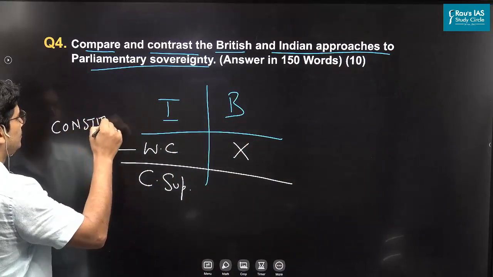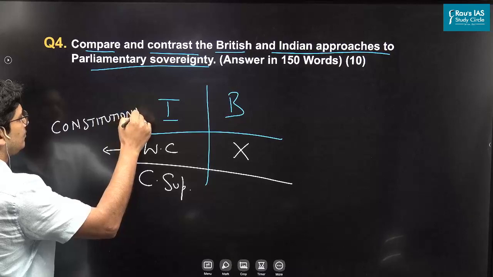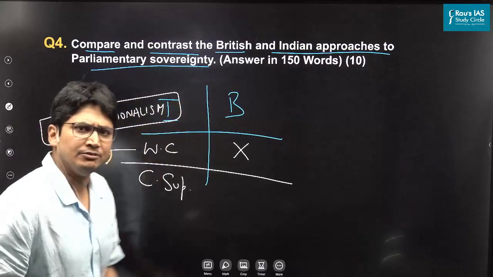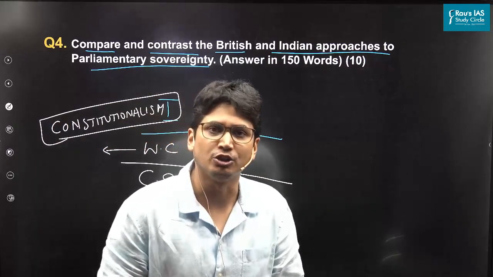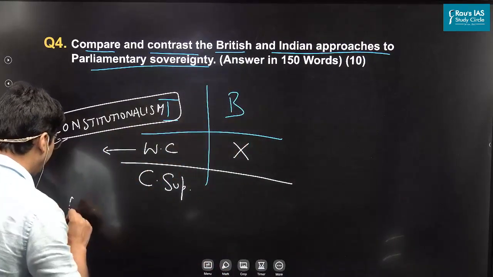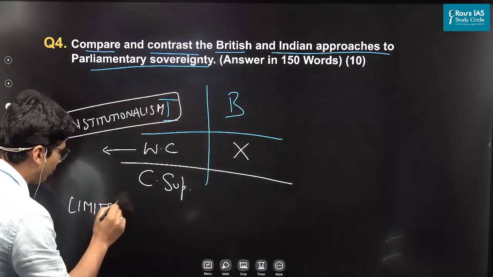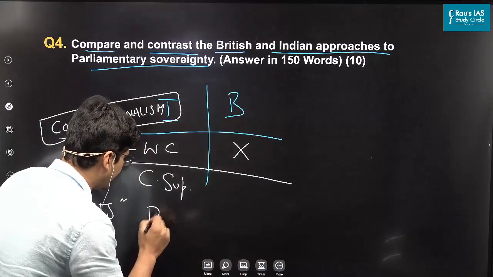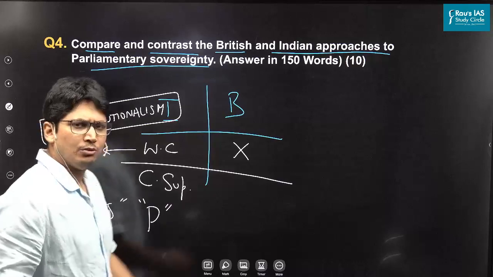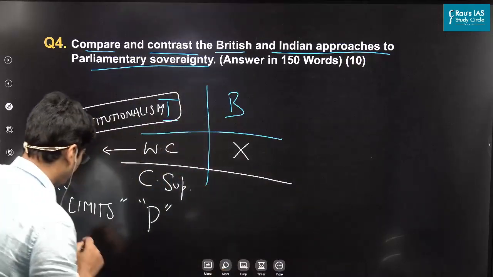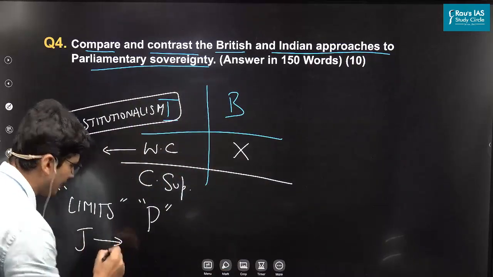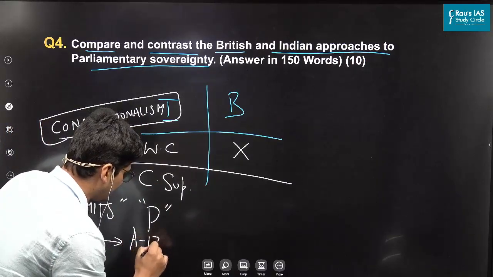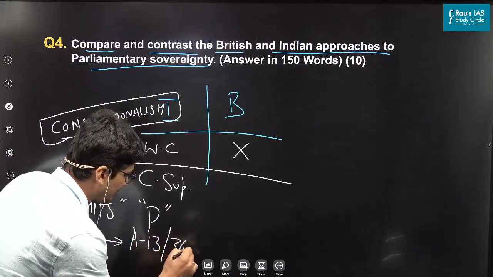So, this idea of constitutionalism, which is inherent in the provisions of the Constitution, effectively limits the power of various organs of the government, including the parliament. At the same time, we also have the judiciary, which has the power of judicial review, particularly under Article 13 and also Article 368.